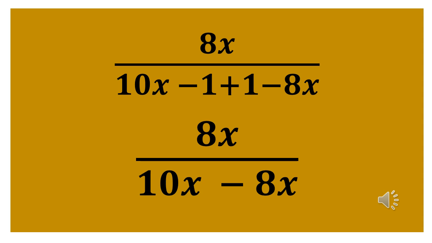So from 8x over 10x minus 1 plus 1 minus 8x, minus 1 plus 1 will cancel each other. And then we have 8x over 10x minus 8x.